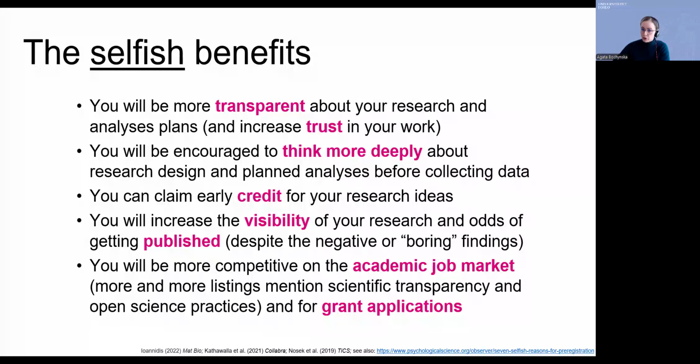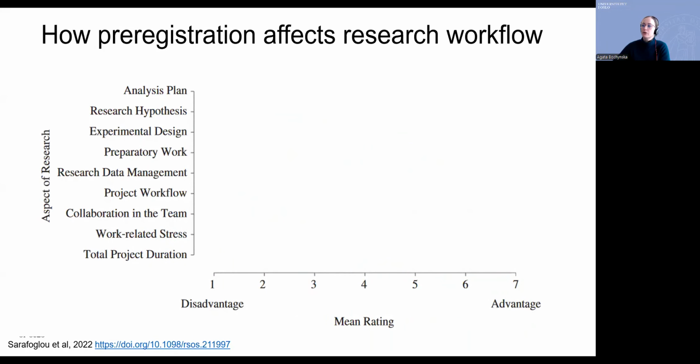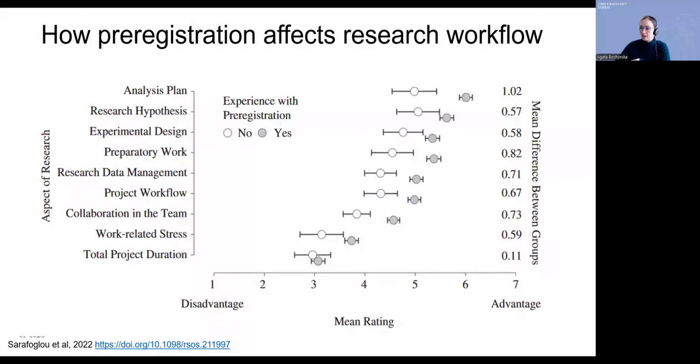And there is actually research on that. So research on how pre-registration affects researchers and their workflow. And here the researchers were rating different elements in the research process as advantage or disadvantage in terms of pre-registering these components. And some of them had experience with pre-registration, some of them didn't.